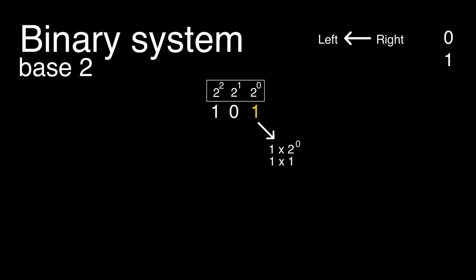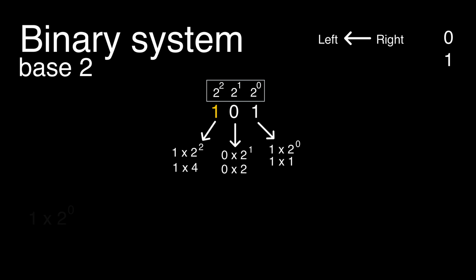The second digit from the right is 0, and it is multiplied by 2 to the power of 1, which is 2. Therefore, it is 0 multiplied by 2, which is 0. The last digit is 1, and it is multiplied by 2 to the power of 2, which is 4. So it is 1 multiplied by 4, which is 4.